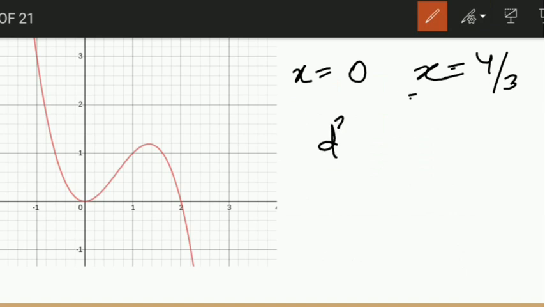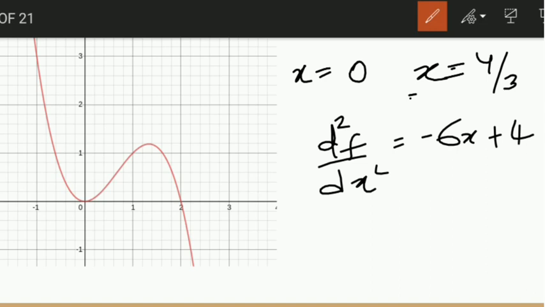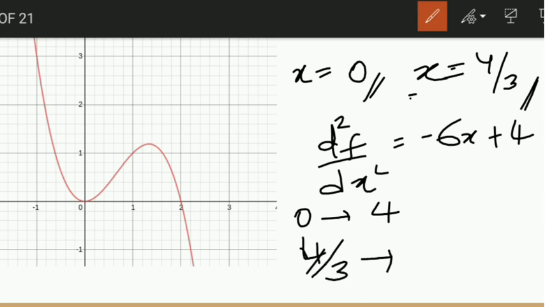We need to substitute both of these values for x. When x is equal to 0, d square f by dx square is equal to 4. And when x is equal to 4 by 3, d square f by dx square is equal to minus 4.